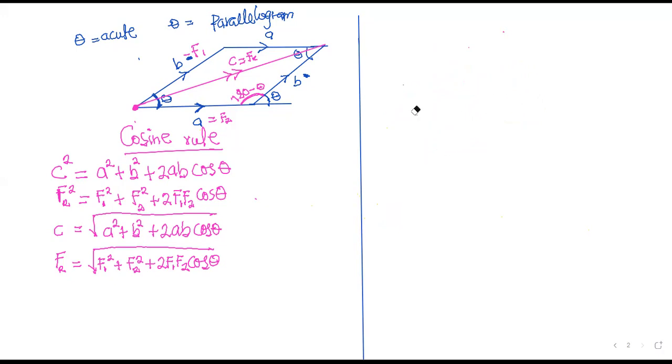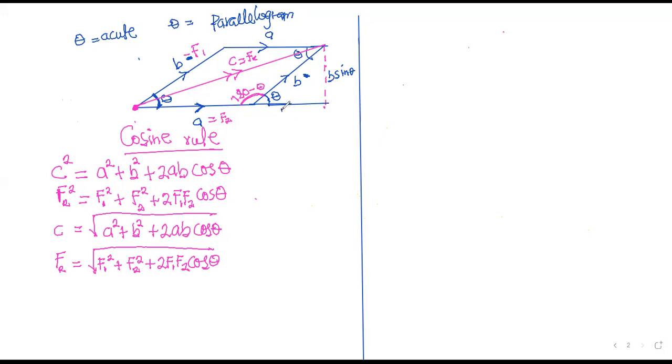Now direction. Yesterday in deriving the cosine rule, we created a right angle triangle and got this part to be B sine theta.